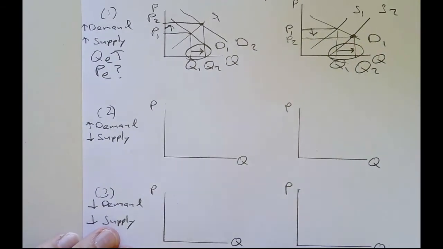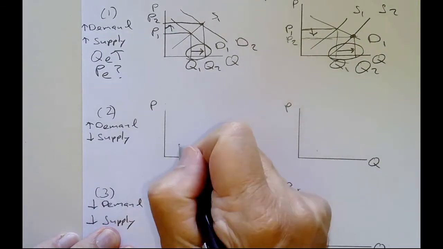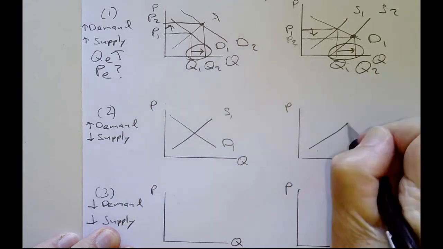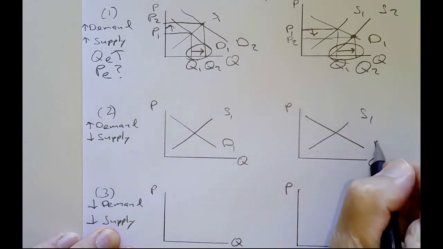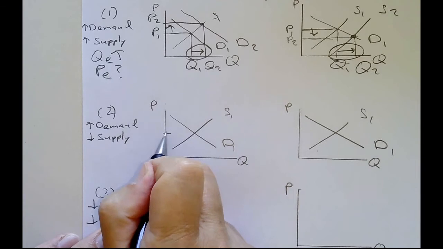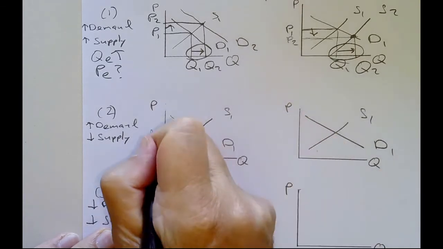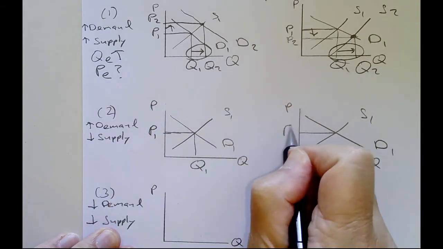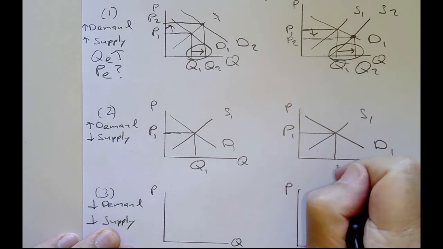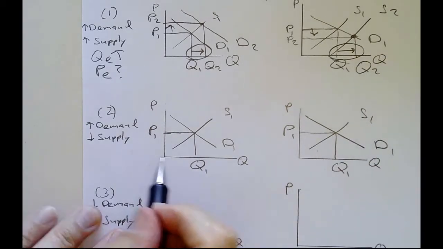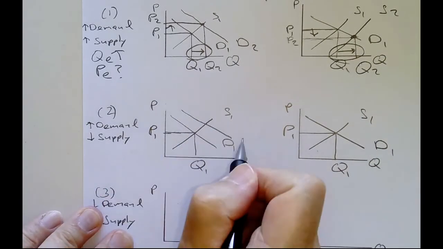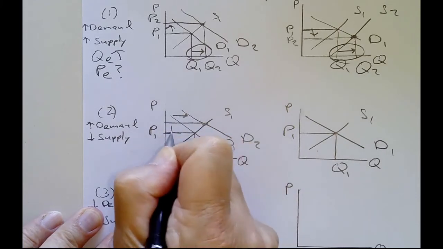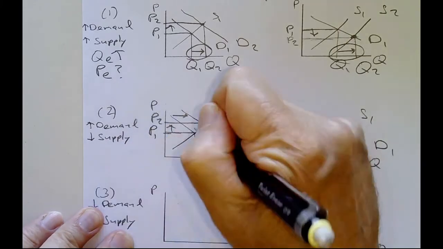Now, on the exam, we could have a higher demand, lower supply. Higher demand shifts out to the right, just like before: higher price, higher quantity.